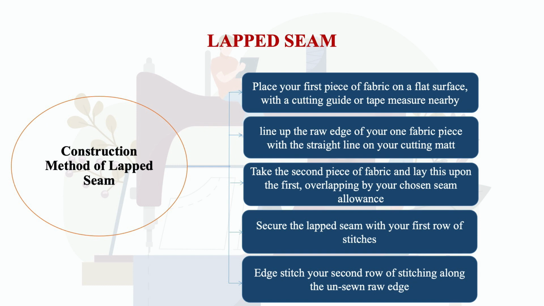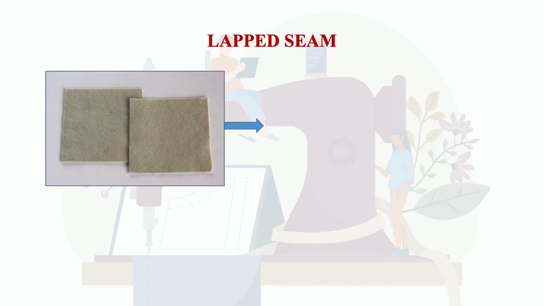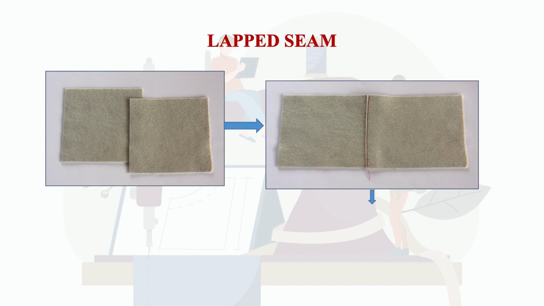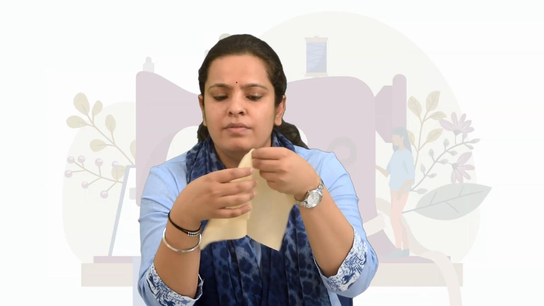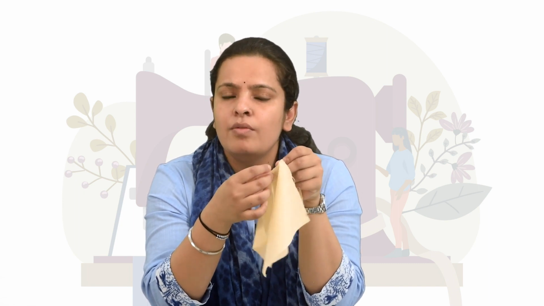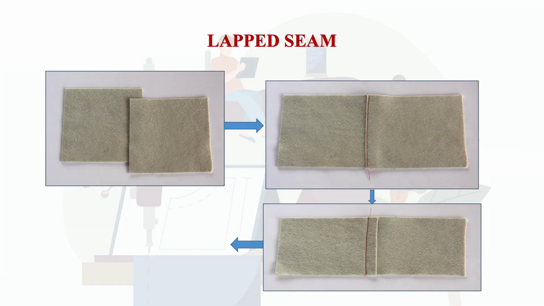As you can see in the picture, we have two pieces of fabric overlapping each other, then we secure one line with a plain stitch. Then we have the other side with the open edge, and from the open edge, which is open at the back side, we do one stitch.